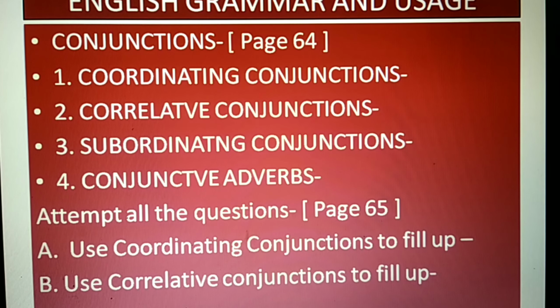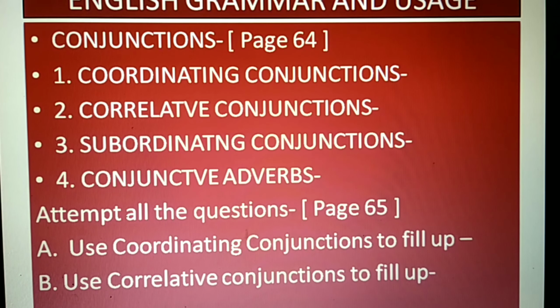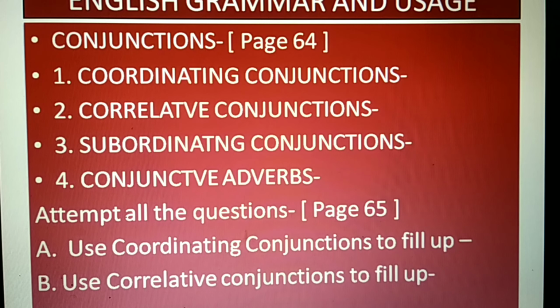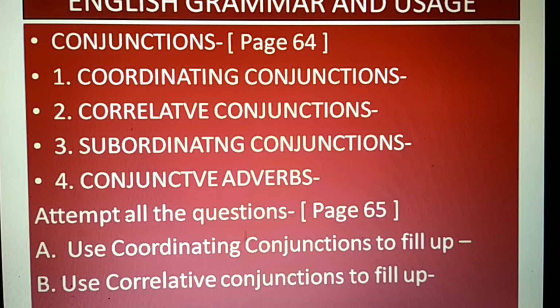A dependent clause contains a subject and a verb, but by itself it is not a complete thought. On their own, dependent clauses cannot be punctuated with periods. Example, while I was in Rome has a subject and a verb, but the thought is not complete.